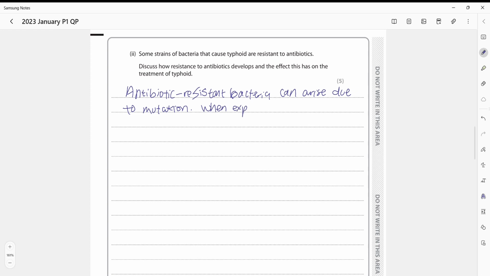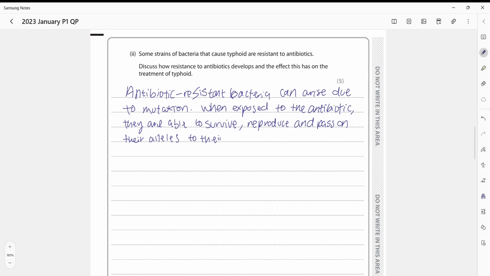When exposed to the antibiotic, they are able to survive, reproduce, and pass on their alleles to their offspring, making the offspring resistant to the antibiotic.